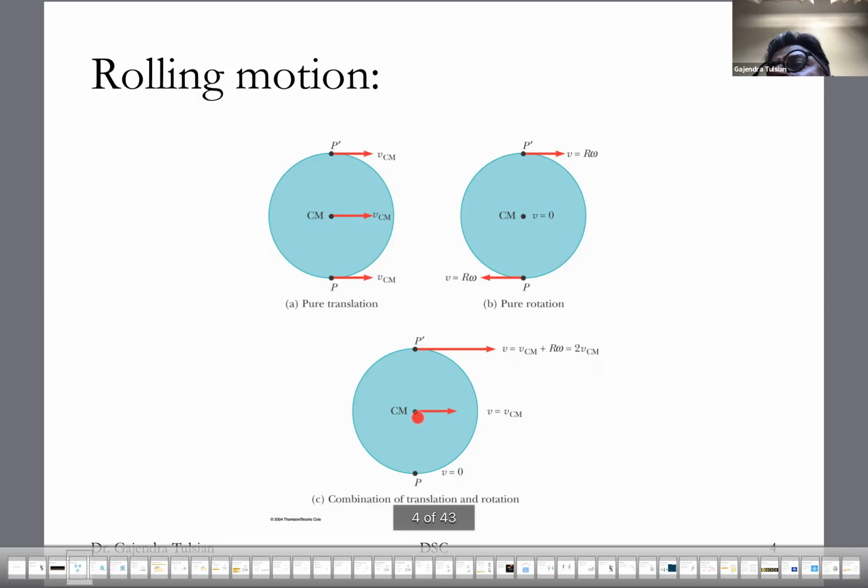And when the wheel is purely spinning, opposite points are moving in opposite directions, and this velocity plus this velocity will give you zero. So in a rolling motion, this is the ground. When a wheel rolls, it's really a combination of pure translation and pure rotation. And that's what this slide is showing you.